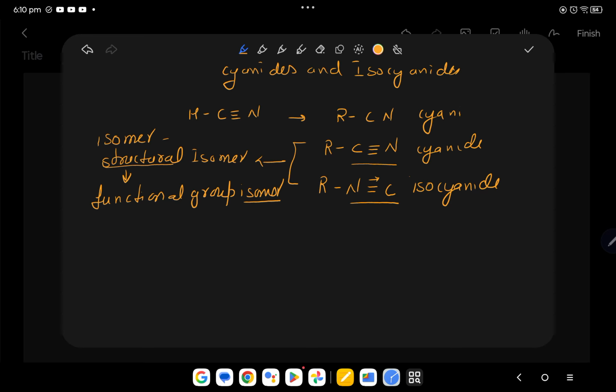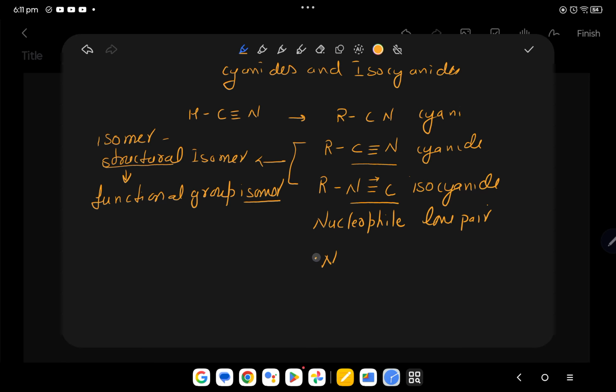If the cyanide group and isocyanide group are placed separately, we can call them nucleophiles also. Nucleophiles are nucleus loving, which means they have a lone pair of electrons. And since lone pairs of electrons are present on the N side in some cases and sometimes on C, they can be connected through both sides.